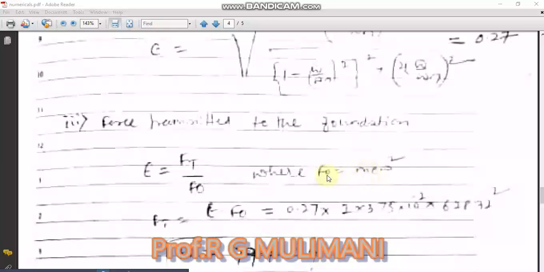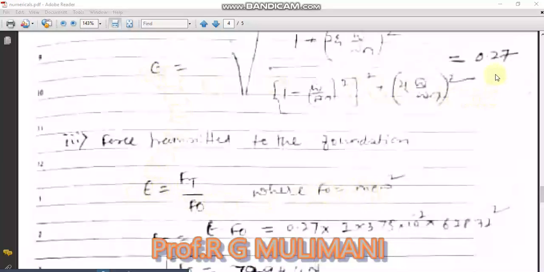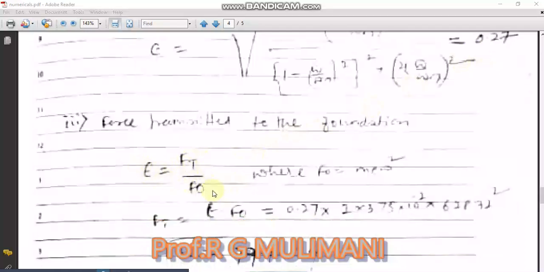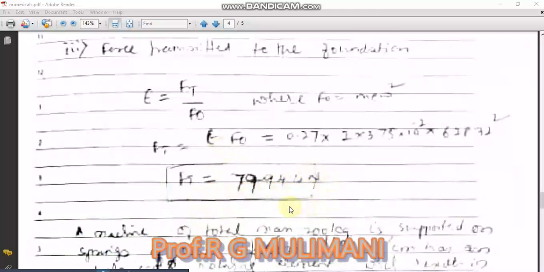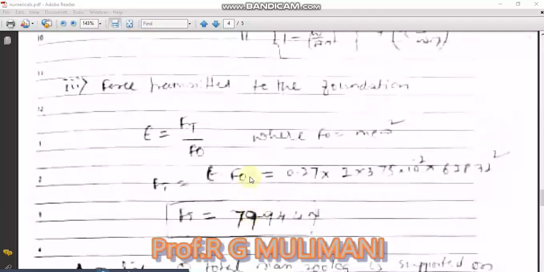You substitute this and find F naught, and epsilon, the transmissibility, is 0.27, calculated here. By this you will get the force transmitted to the foundation. So the Ft value is 7900 something newtons. Okay, thank you.